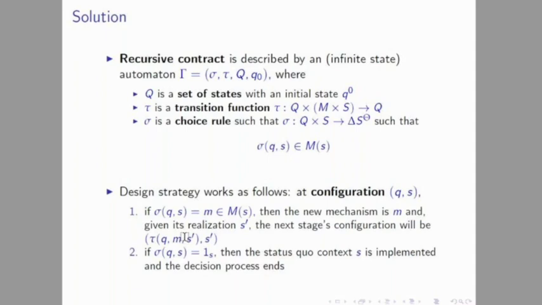Now the contract recognizes that the agents may want to change the outcome of the mechanism by initiating renegotiation. Then the contract specifies what will happen if this deviation takes place: a third mechanism, which is to be played.